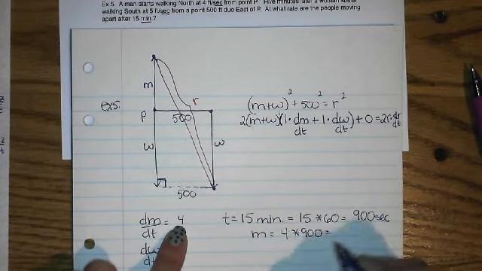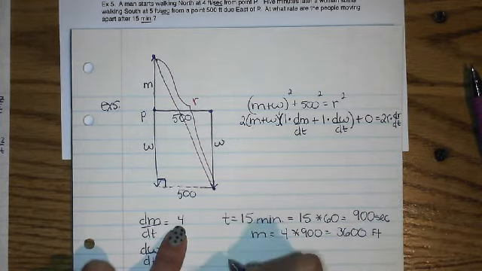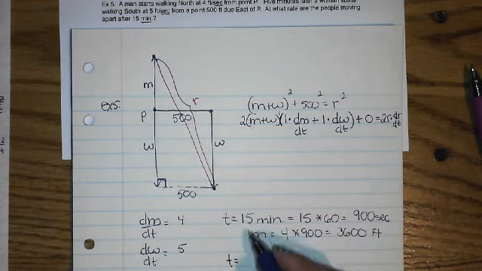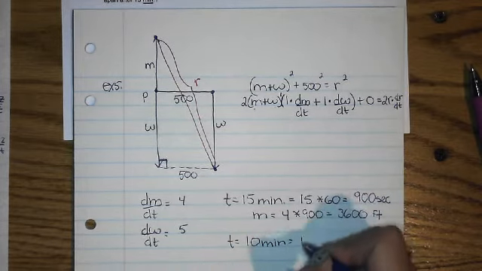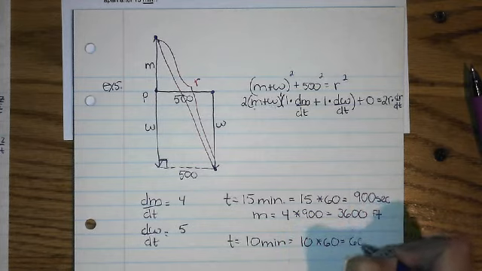So the man is traveling 4 feet every second. So that means his distance is 4 times 900. For each second, he's traveling 4 feet. So he will be 3,600 feet from that point. Remember now the woman, she left 5 minutes after him.